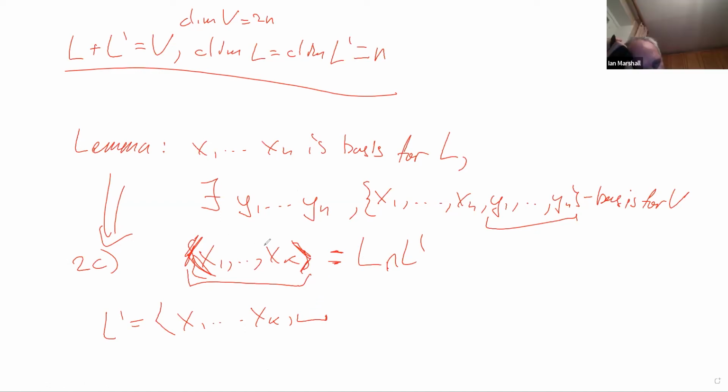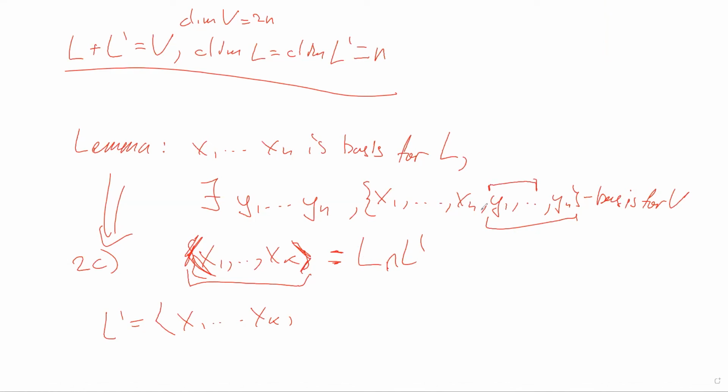As we discussed, Anton, you have the freedom to add combinations of x's, but only via symmetric matrices. I want to rearrange this basis so the first k vectors belong to L prime. So if y1, for example, belongs to L prime, it's very good.